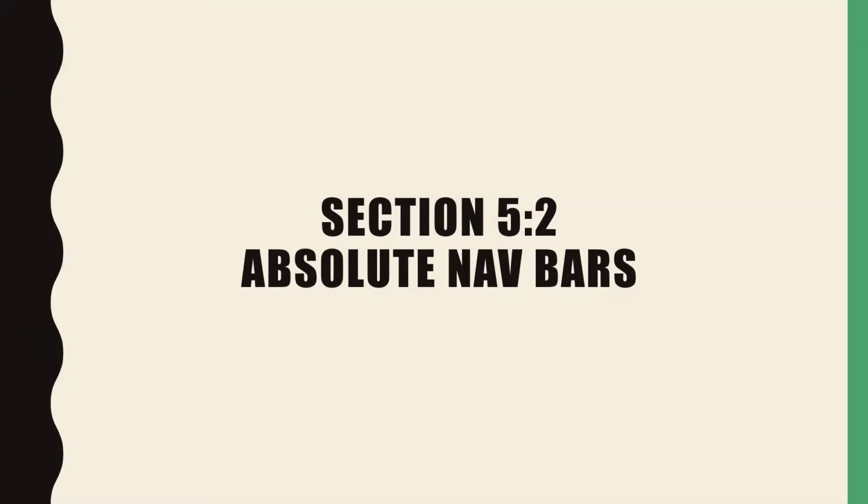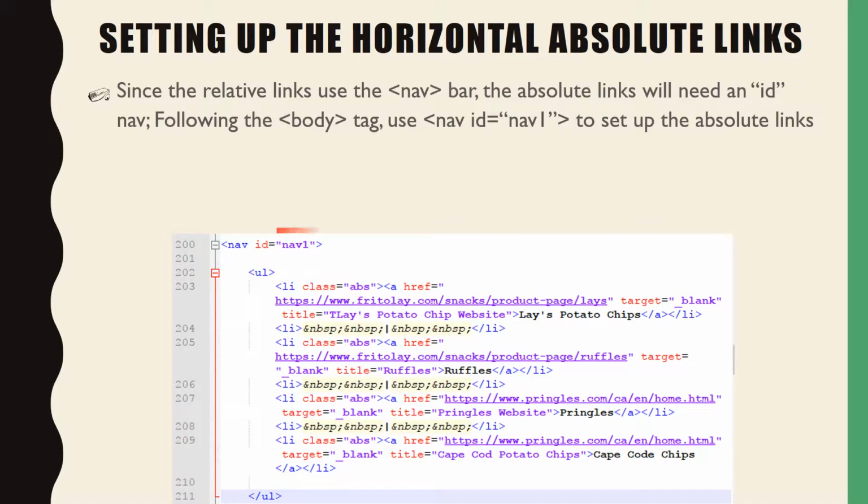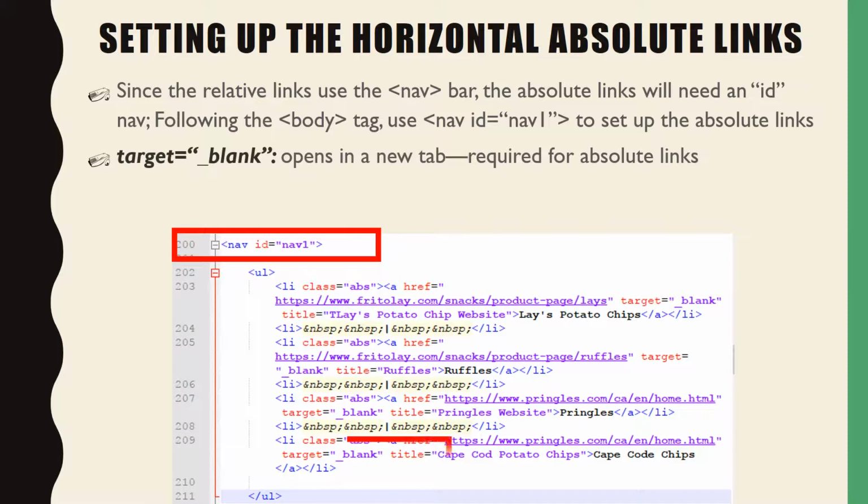Section 5-2, Absolute Nav Bar. Since the relative links use the nav bar, the absolute links will need an ID nav. Following the body tag, use nav ID equals nav1 to set up the absolute links. You will also need to add the target equals underscore blank.